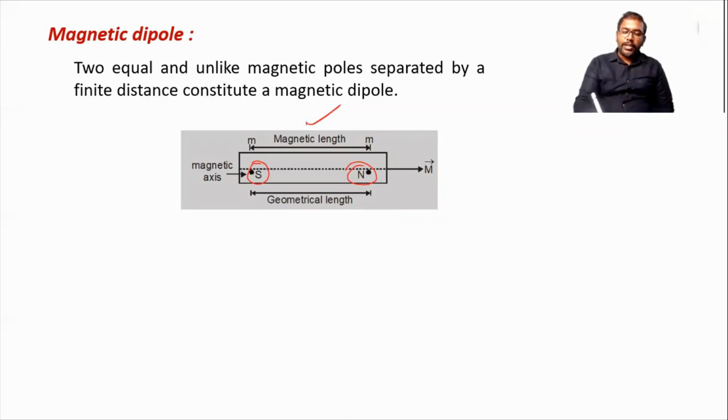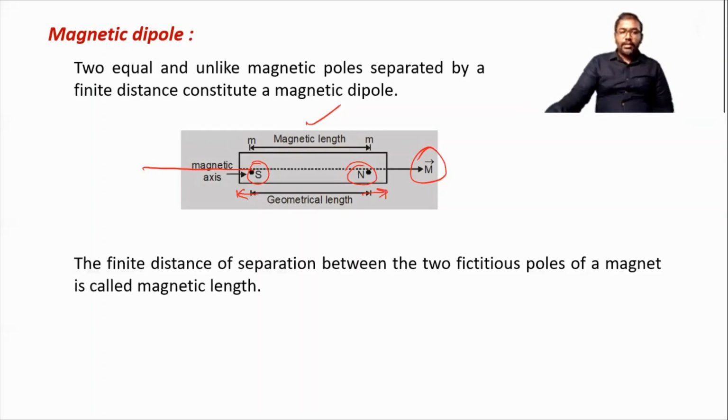The second one is the geometrical length. The end to end length of the magnet is the geometrical length, and a line passing through both the poles is the magnetic axis. And the dipole moment direction is away from N pole and towards S pole.